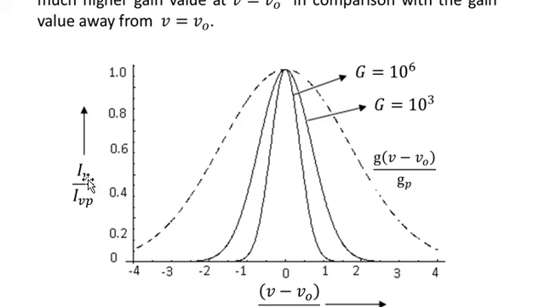So we have I nu over I nu p. Since I nu p is the maximum value corresponding to the peak, I nu over I nu p will have a maximum value equal to 1. So you see that we have shown the maximum value of all these curves equal to 1, because we are going to plot the normalized values, that is I nu over I nu p, where I nu p is the peak value for these corresponding signals.